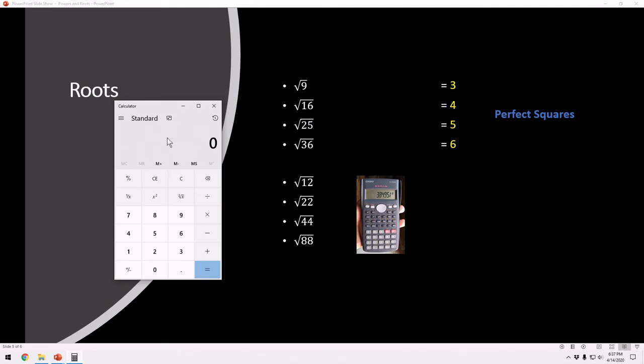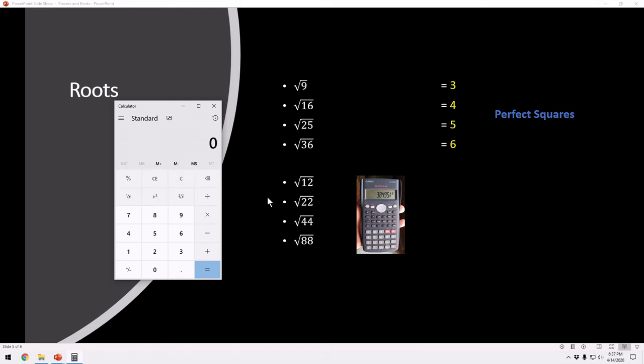So now let us look at the square root of number 12. To find it, I'm going to type 12, and then press this key right here. Boom. It's telling me that the square root is equal to 3.46. I'm only going to round it to the first two digits of the decimals.